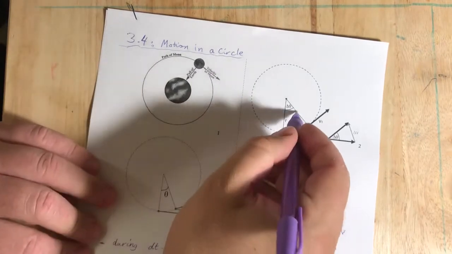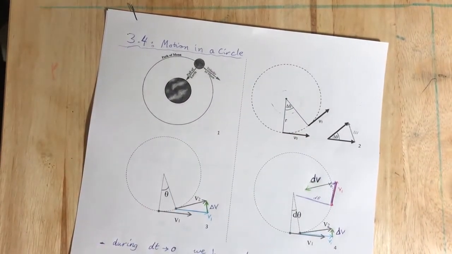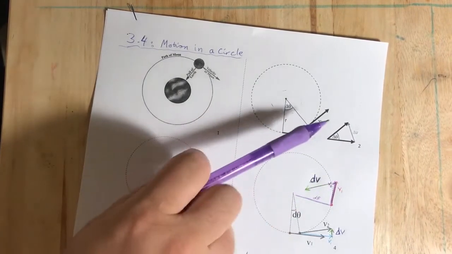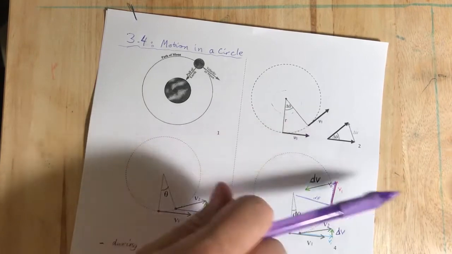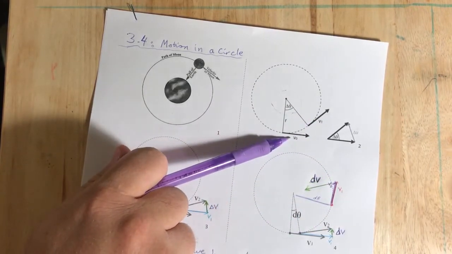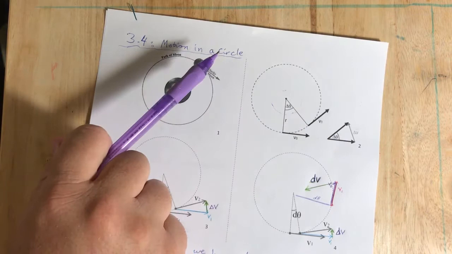The total angle is 360, as we know. What is the change in velocity? It is v1 minus v0, or v final minus v initial. This is the vector of change in velocity.